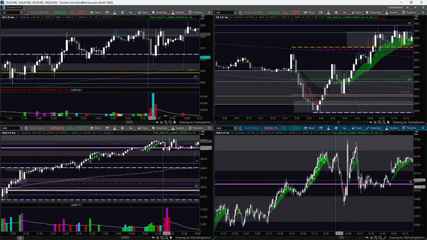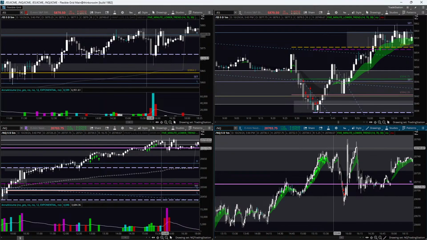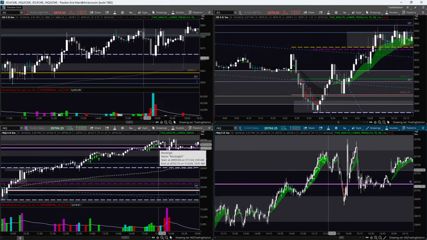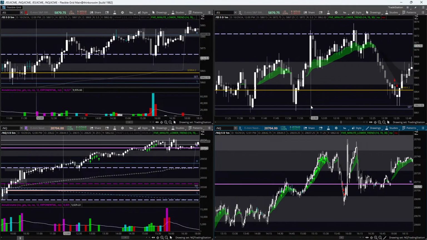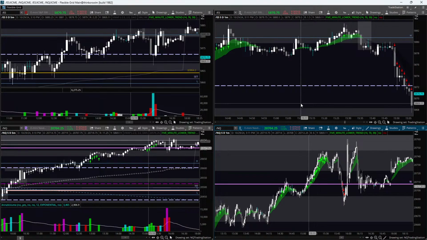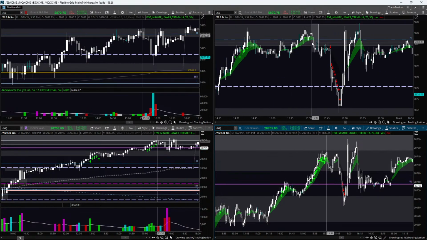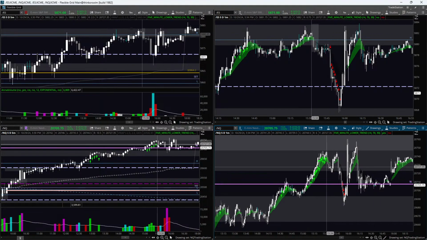I need to see. Oh, okay. NQ tried to buy, and then we had a selling moment, and ES is trying to buy, and then we have a selling moment hitting somewhere. Boom, right?